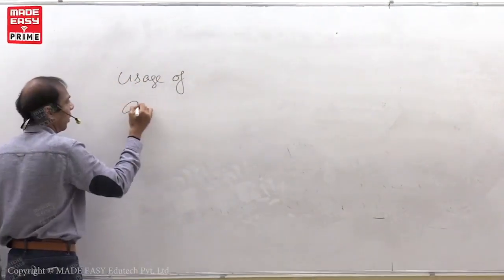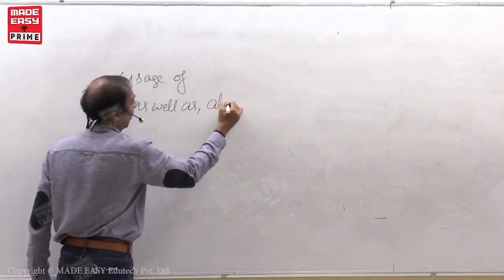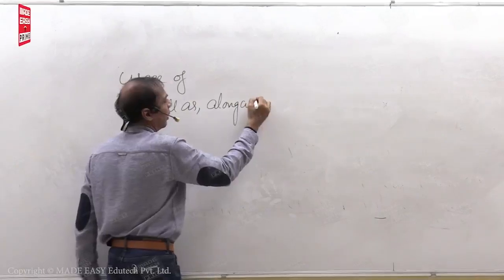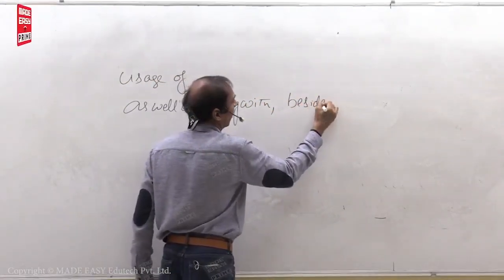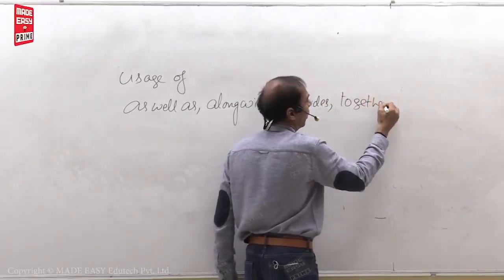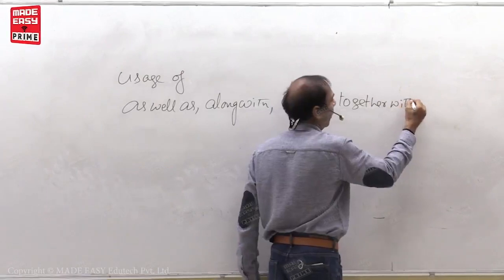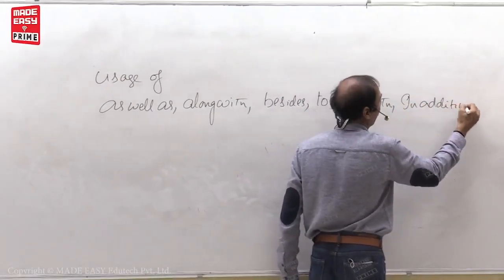Next, see. Uses of as well as, along with, besides, together with, in addition to.